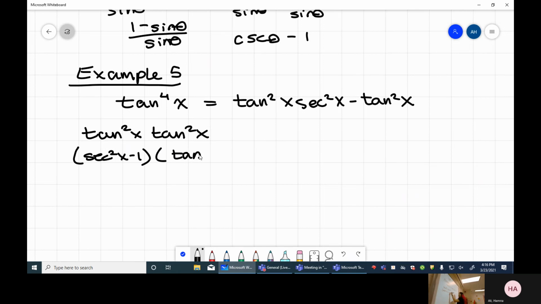Multiply that by tangent squared x. And then from there, we just distribute. So we'll have tangent squared x, secant squared x, minus tangent squared x. And this is going to be equal to our right-hand side.